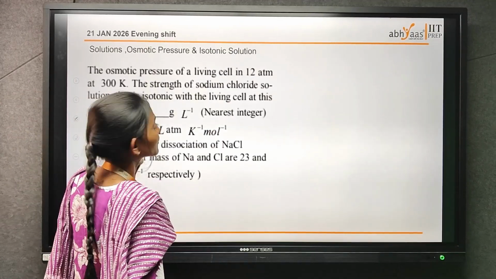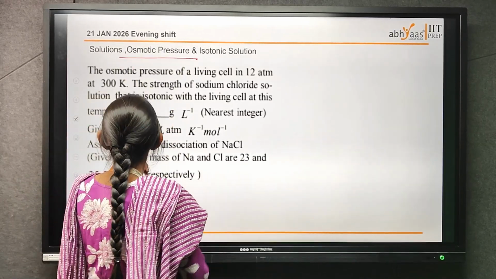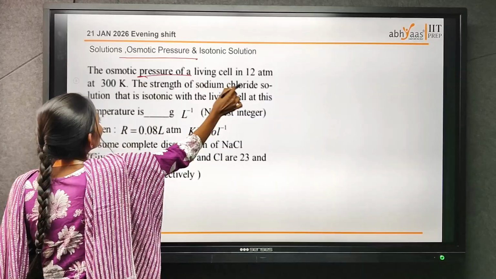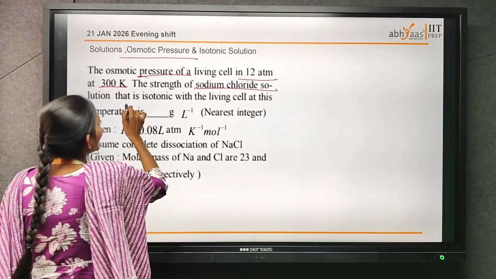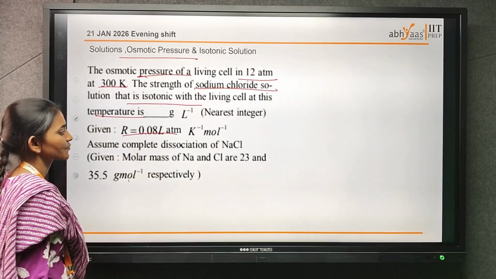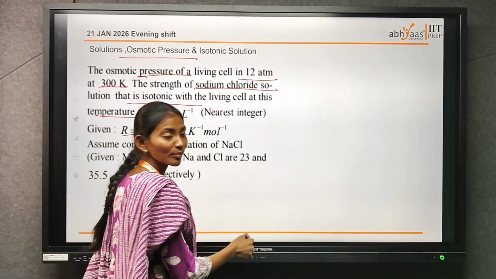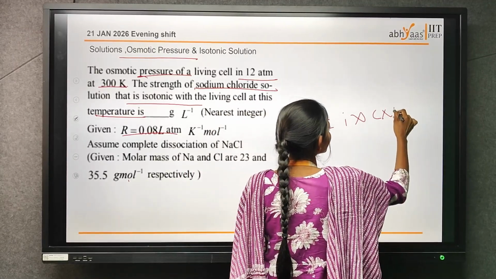And coming to this question from colligative properties, osmotic pressure. They have given the osmotic pressure as 12 atm at 300 kelvin, and sodium chloride isotonic with living cells at that temperature. The formula is pi equals i into CRT.